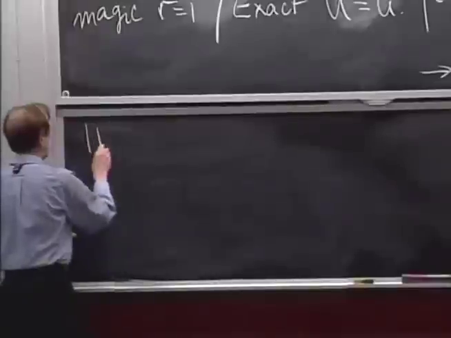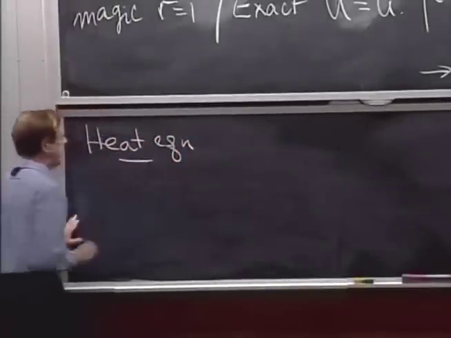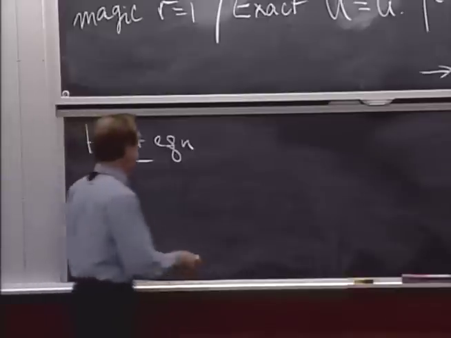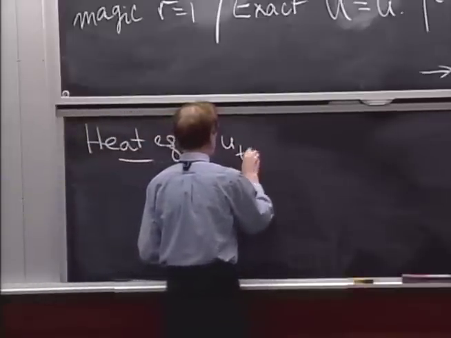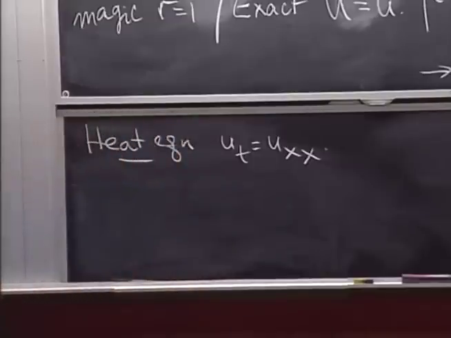So the heat equation. Let me take the constant to be 1: u_t = u_xx. Because we already see the big difference now. There's a second x derivative, but only a first derivative in time.